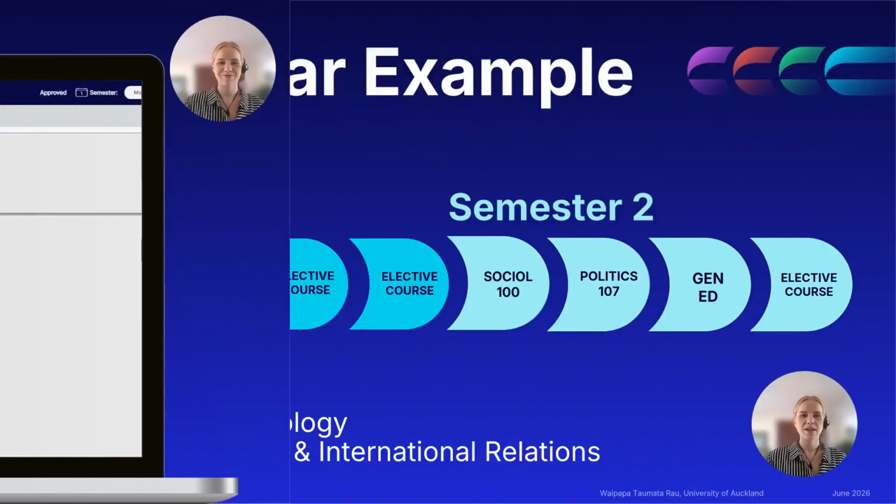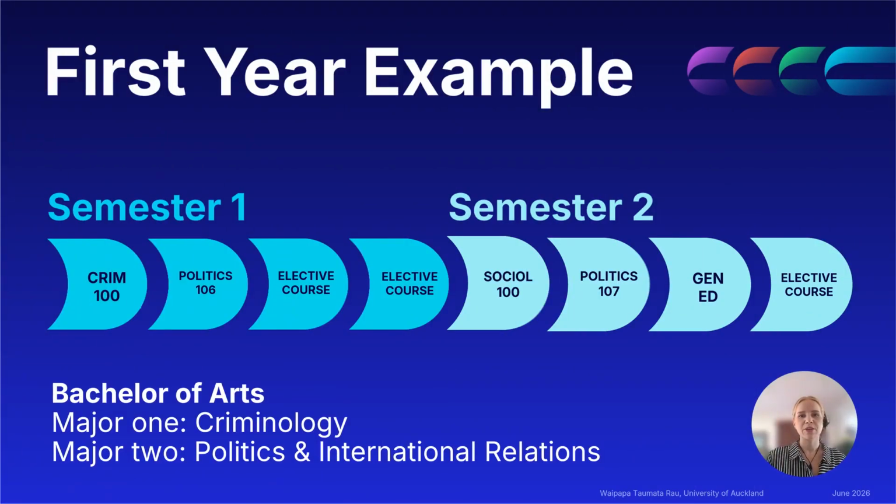So first we looked at the criminology section and we identified Stage 1 courses that can count toward the major. Stage 1 simply means 100 level courses such as Crim 100. Crim 100 is one possible course that can count towards criminology, so we went ahead and added it to the plan.